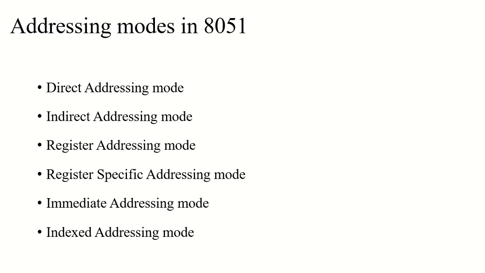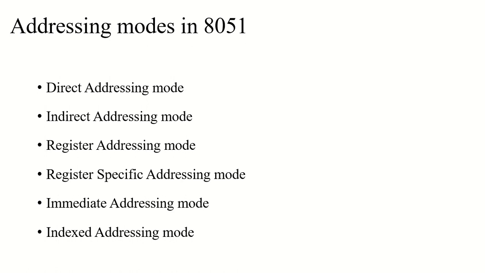So we all are pretty much familiar with addressing modes in any microprocessor or any microcontroller. Addressing modes in 8051 are not very different from addressing modes in 8085, because when a microcontroller executes an instruction, it performs a specific function on data, and the data is stored at some source location, and that data must be moved or copied to the destination location.